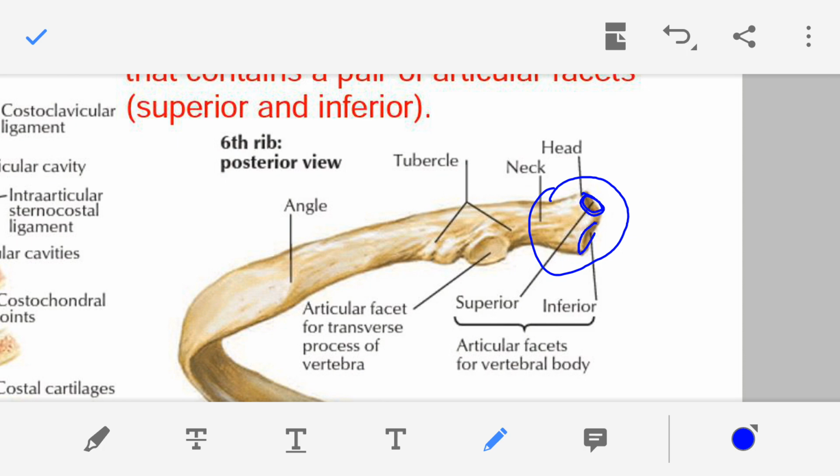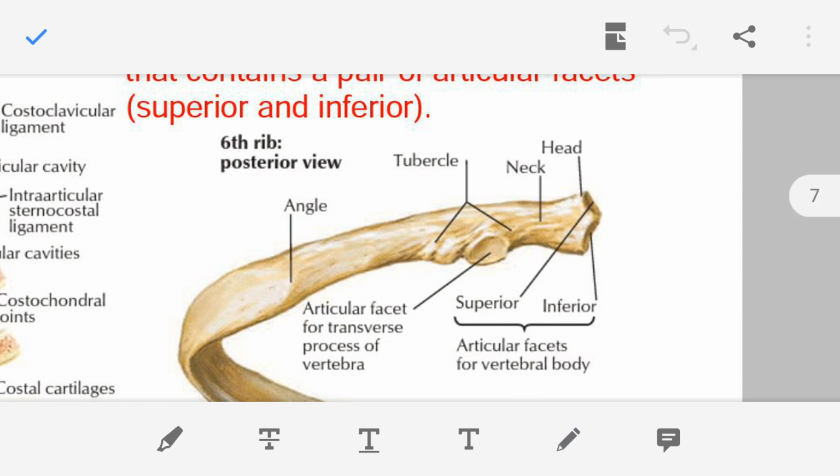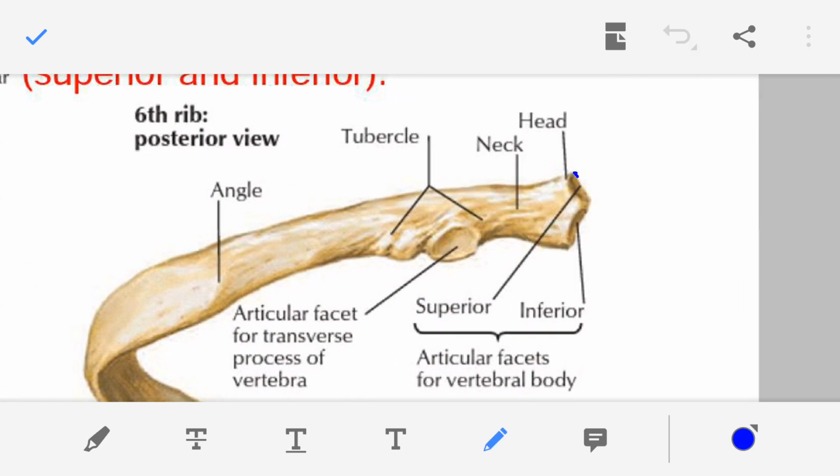So this depression or these grooves, we know these are known as, for example, this facet which is present superiorly is known as the superior articular facet, and this facet which is present inferiorly in the head is known as the inferior articular facet.